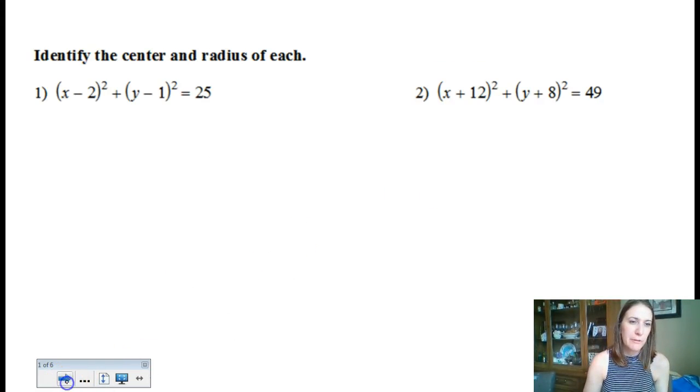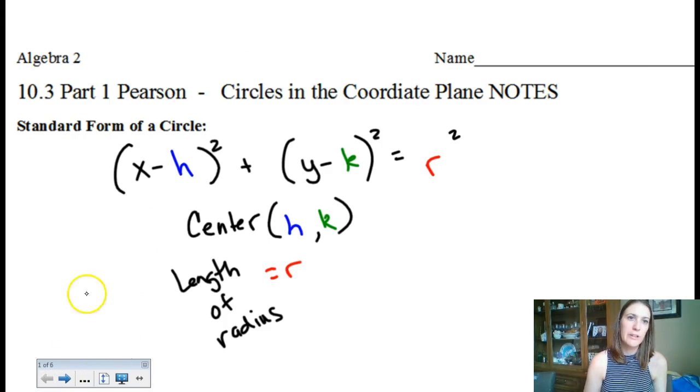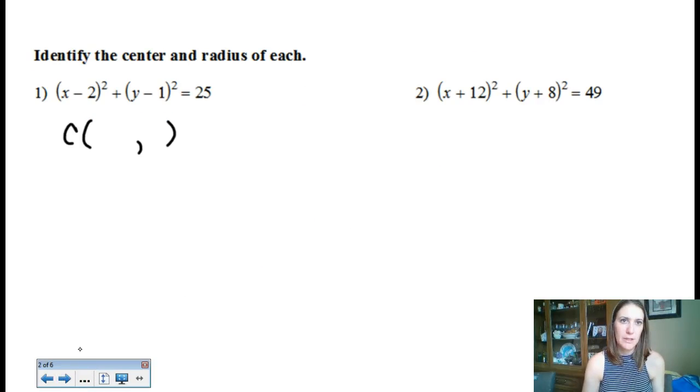Now that we have our formula, we should be able to figure out some things. So this first one, the center, you can abbreviate it like this, is located at (h, k). In the formula, it was grouped in parentheses with a built-in negative, so we take the opposite. So the h value is 2, and the k value is 1.